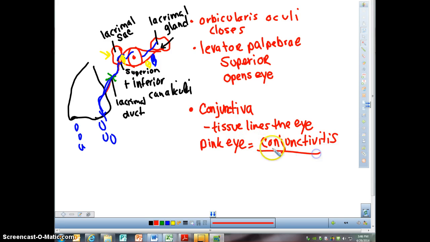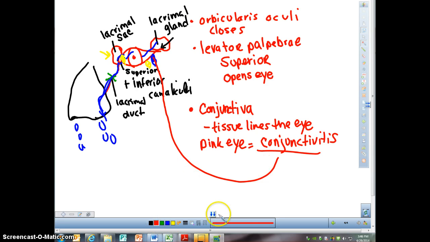I hope I spelled that right. I'm not going to look it up right now. So you get swelling of the inner lining of the eye, which can be quite contagious, both bacterial and viral. And that's what they said that Bryce had at first.